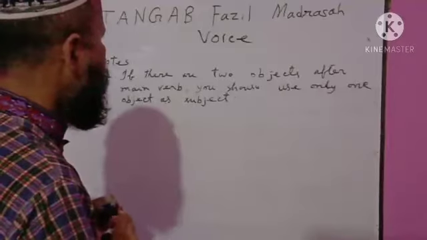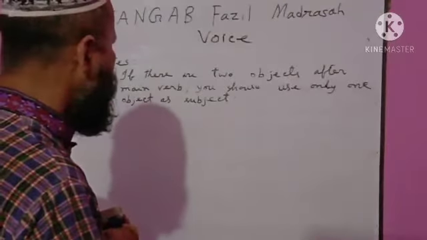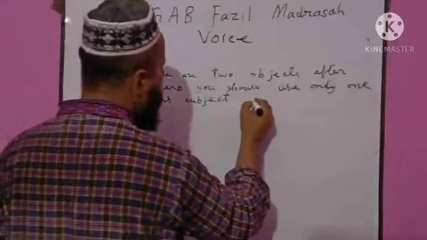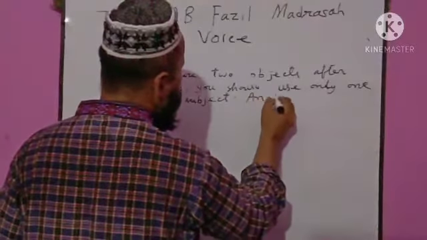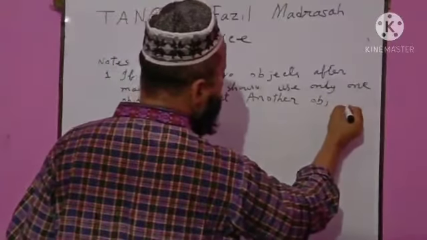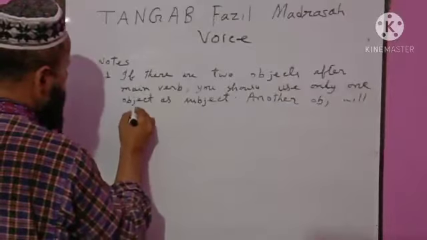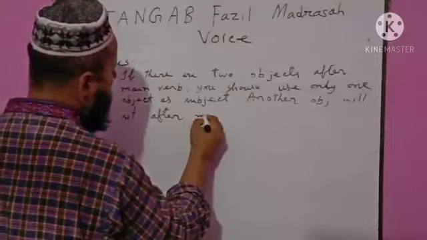If there are two objects after the main verb, you should use only one object as subject. Another object will sit after the main verb.